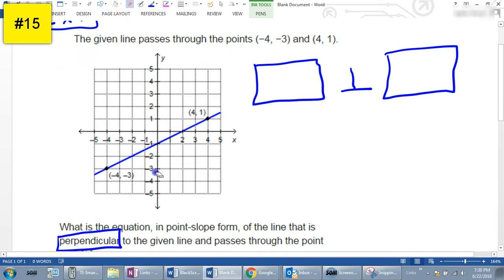So by the way, look at this picture. Does this have a positive slope or a negative slope? This has a positive slope, so just be sure that whatever else we do, the slope better come out positive. So I'm going to travel from one point to the next doing my rise and run.